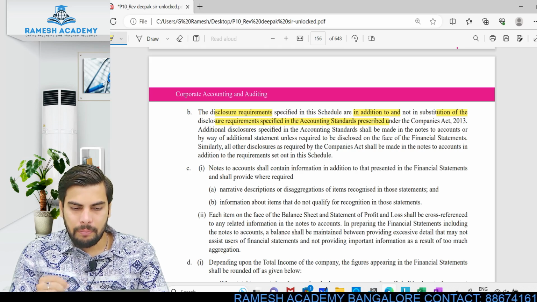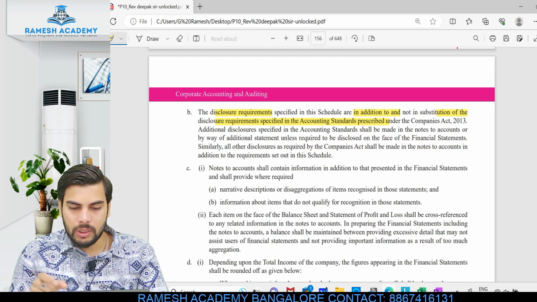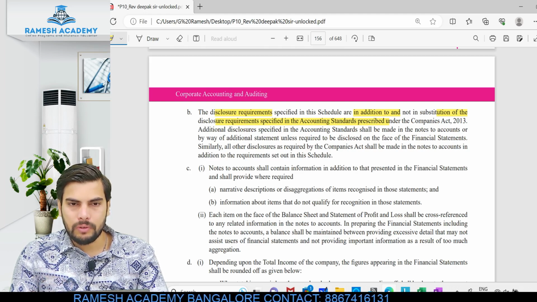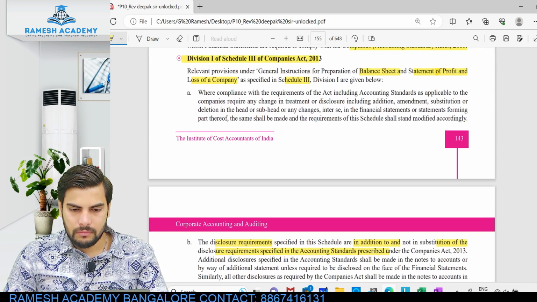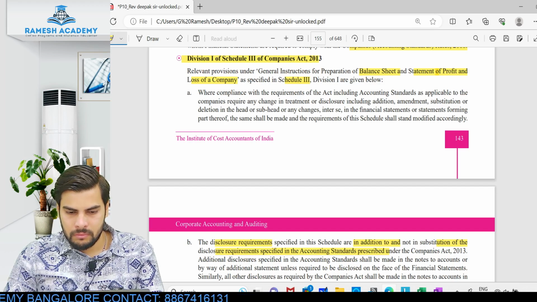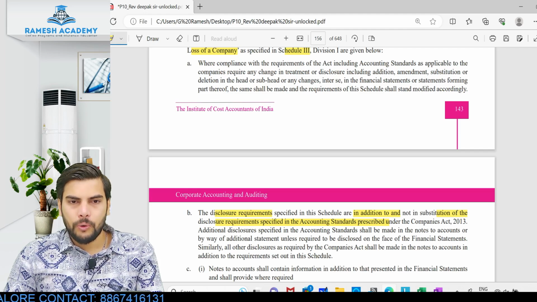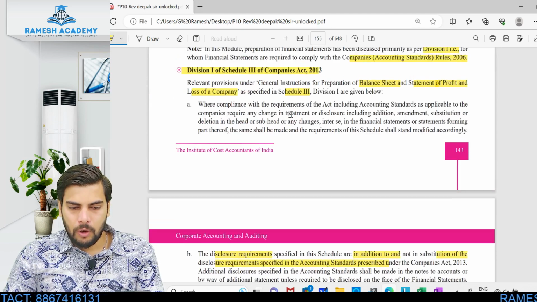Read this point again. The disclosure requirements specified in the schedule are in addition to and not in substitution of the disclosure requirements specified in accounting standard prescribed under Companies Act 2013. Is this clear? Hope you guys understood this. So the first point, what did they say?